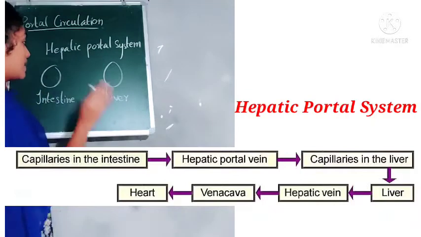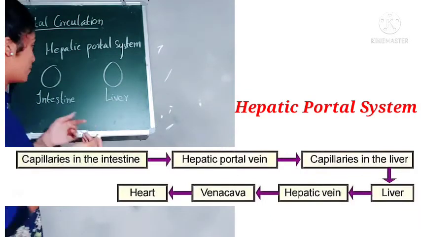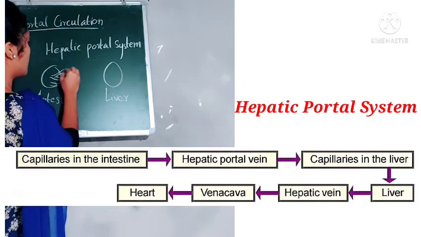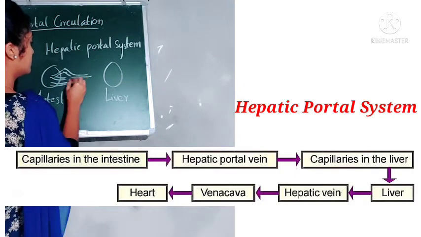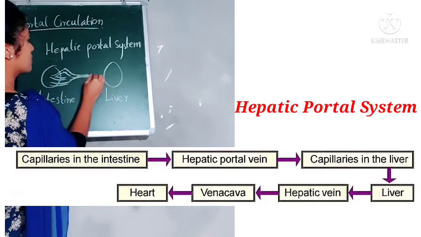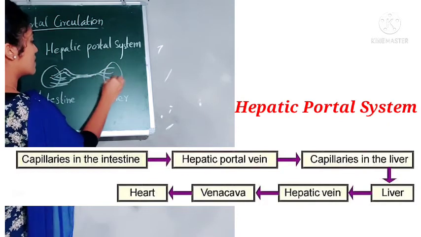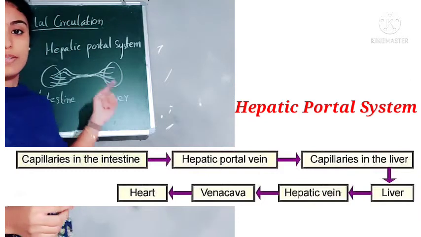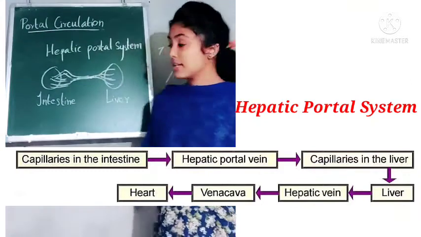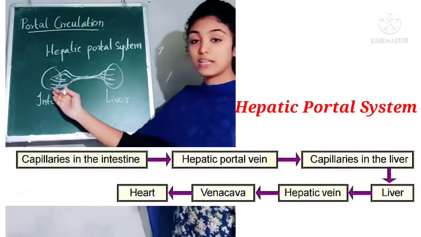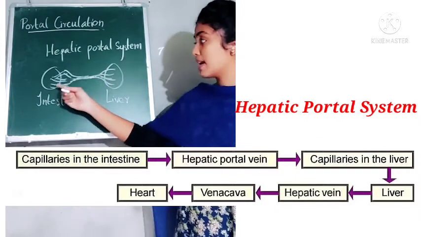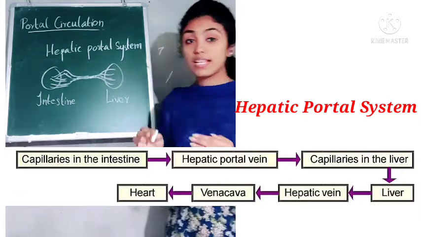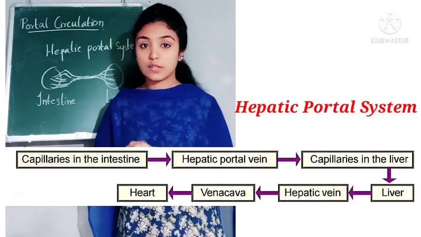So in the hepatic portal system, the portal vein begins as capillaries from the intestine and ends as capillaries in the liver. So children, we can see that the blood from the intestine is carried through the portal vein to the liver. This is an example of portal circulation.